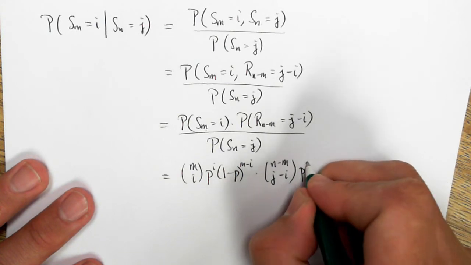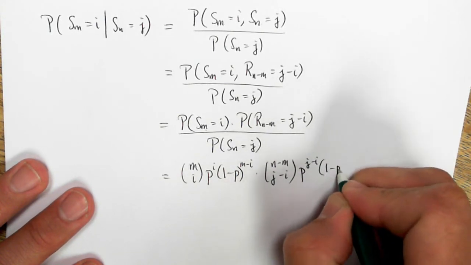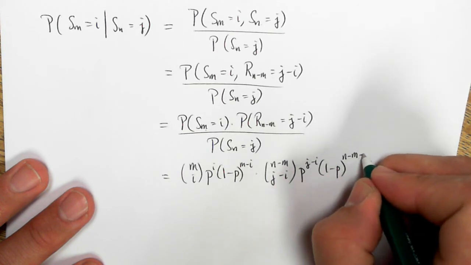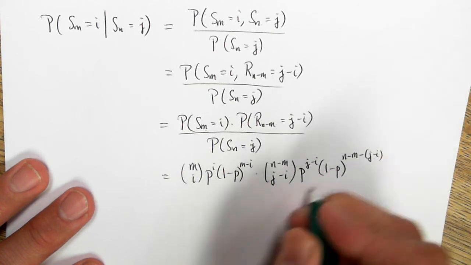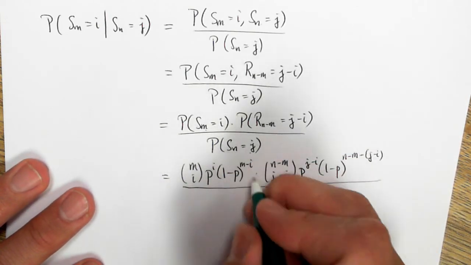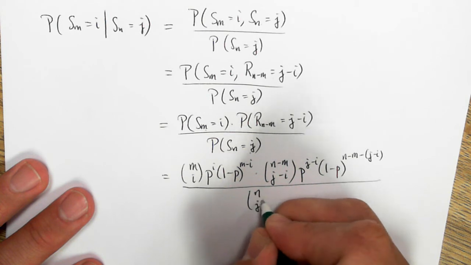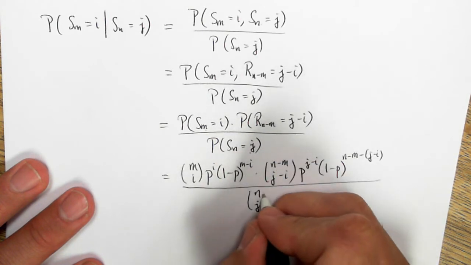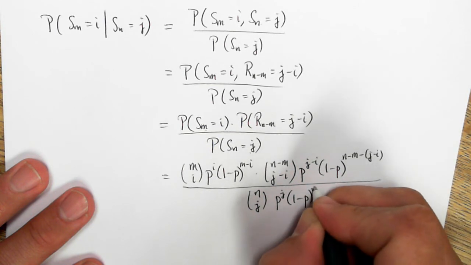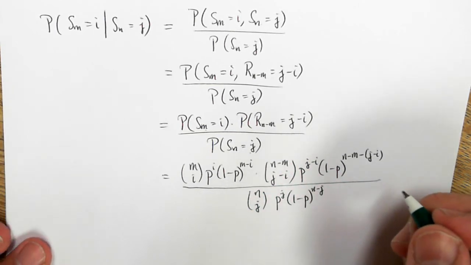So that's n minus m choose j minus i, times p to the j minus i times 1 minus p to the n minus m minus j plus i. Then I divide by n choose j times p to the j times 1 minus p to the n minus j.